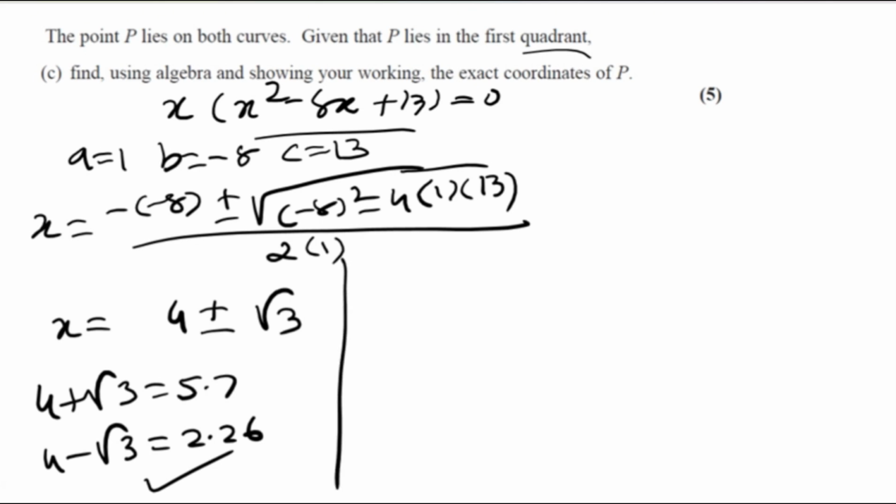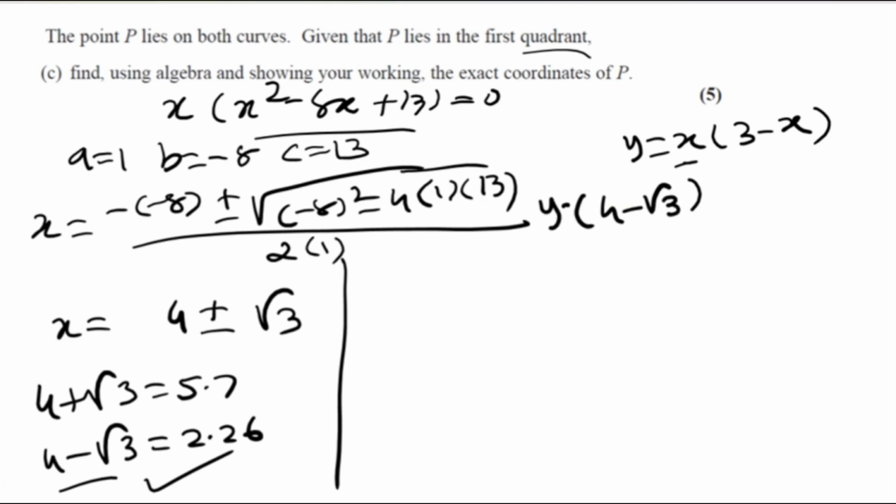Now we are finding the coordinates. So this is just the value of x we are getting. We have to find the value of y by substituting into any of the equations. So we have the first equation, y is equal to x into (3 minus x). In this I am substituting the value of x, which is 4 minus root 3. So y equals (4 minus root 3) into (3 minus (4 minus root 3)).